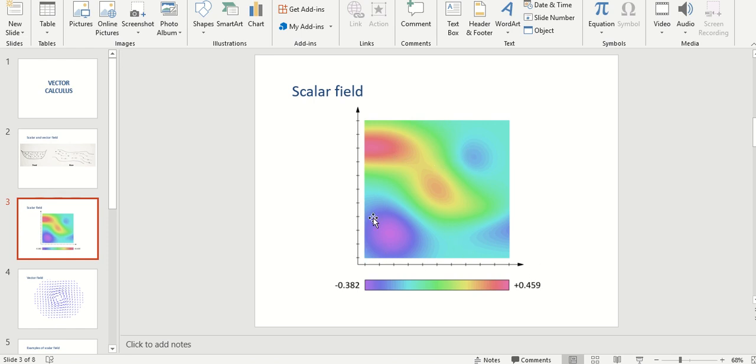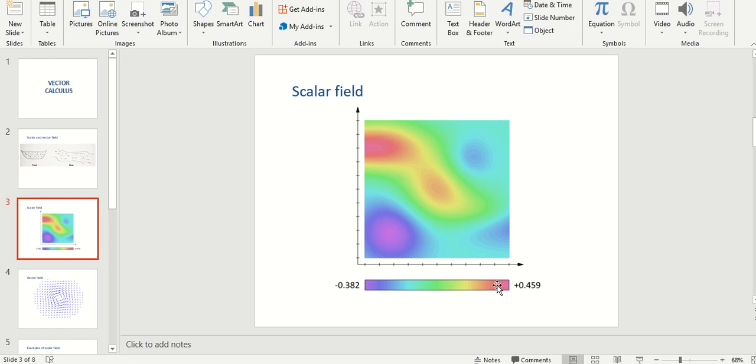There is an x-axis and a y-axis, and each corner of the room has some different coordinate. If we denote this coordinate with some temperature, suppose in this corner the temperature is low, and in this corner the temperature is high.